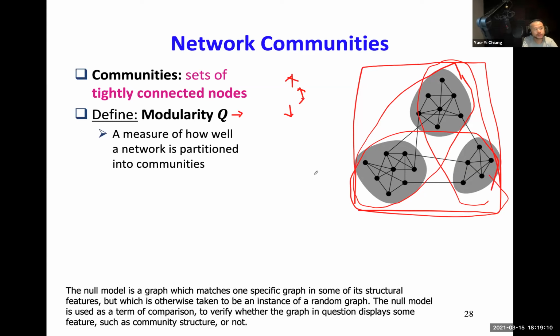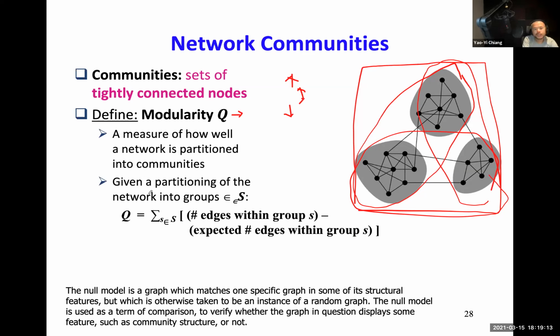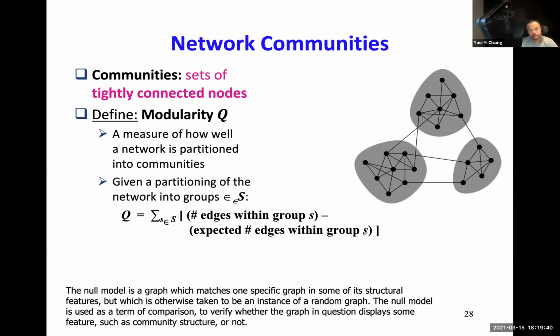So how does it work? Given a partition of the network into some groups S, so this is the community set, the modularity Q is the summation of the number of edges within a group minus the expected number of edges within the group. What does it mean?